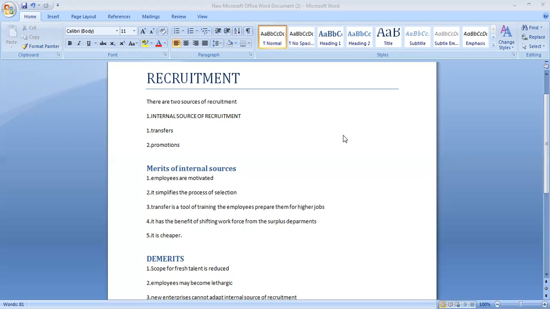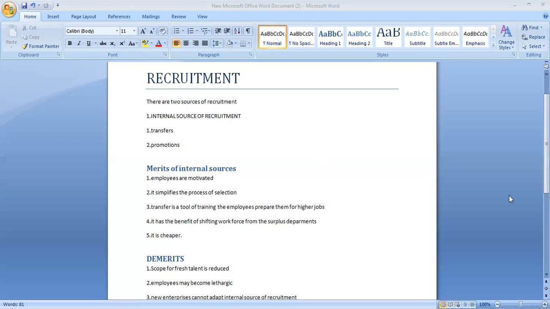So the vacancy is filled and you never let talented people go out of the organization. You take care of your employees very well, and it becomes beneficial for both the employees and the organization. These are the two methods under the internal source of recruitment.